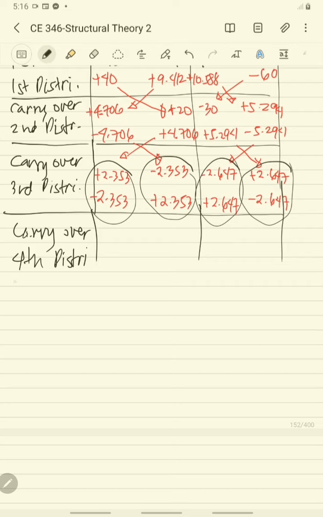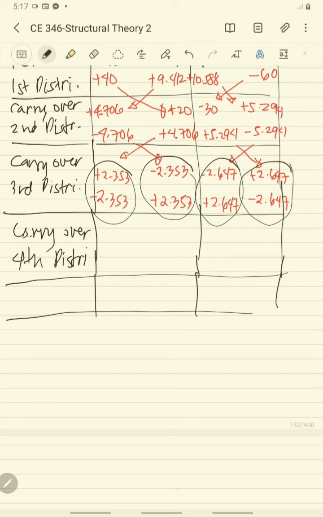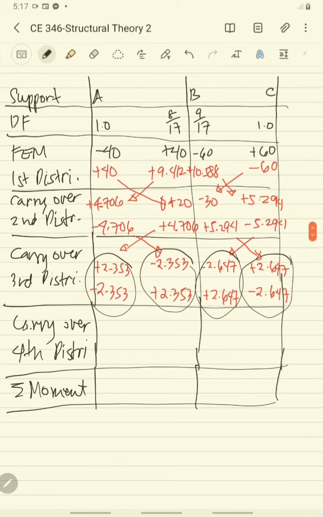So now I have to sum all the moments. So I need to get the summation of all the moments of support A, B, and C. But for some problems, you need to keep on repeating all the steps until the carryover moment becomes 0 or negligibly small.